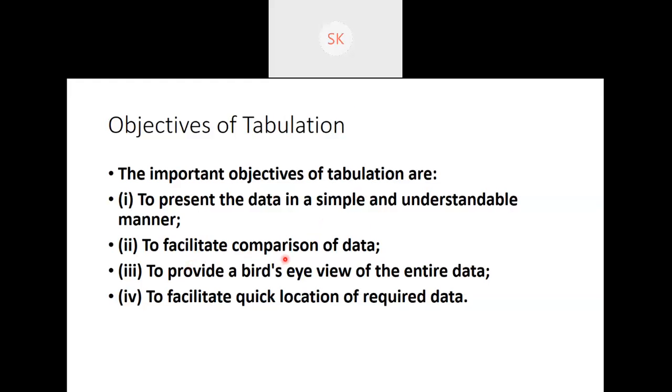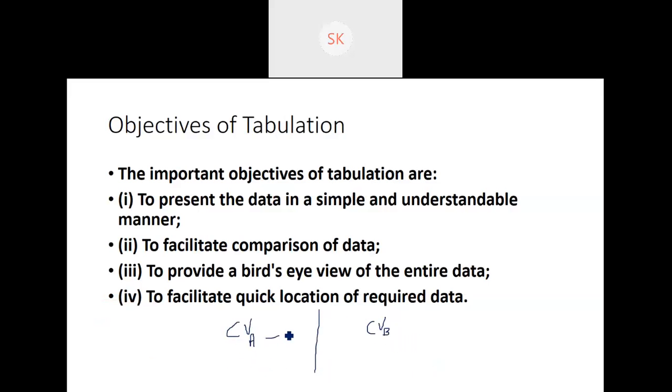Then, to facilitate comparison of data. Now if you see, when we calculated, let's say, coefficient of variation, when we solved the problems of coefficient of variation, there was firm A, firm B, CV of A, CV of B. All these things we compared, right? While making conclusions, we compared.